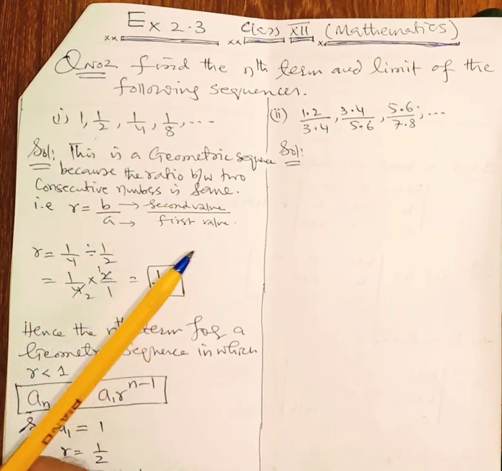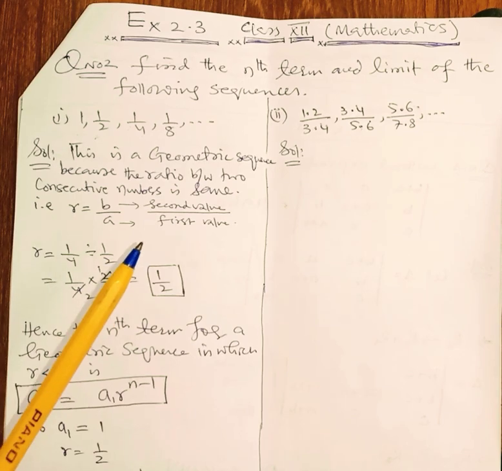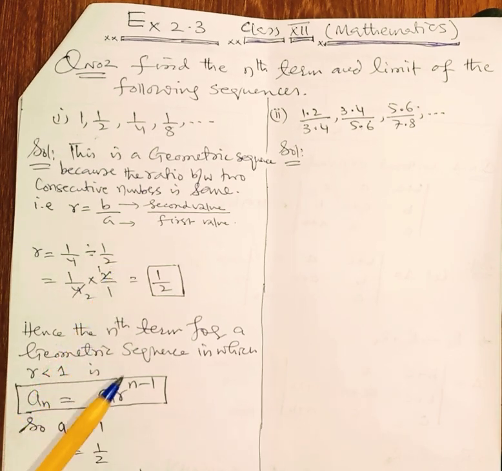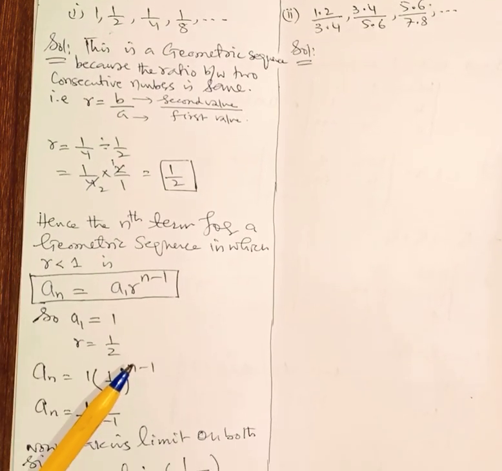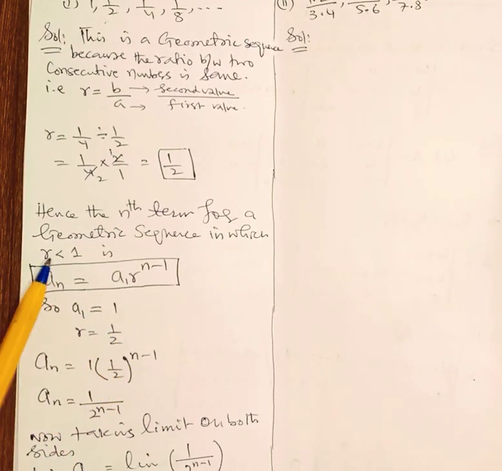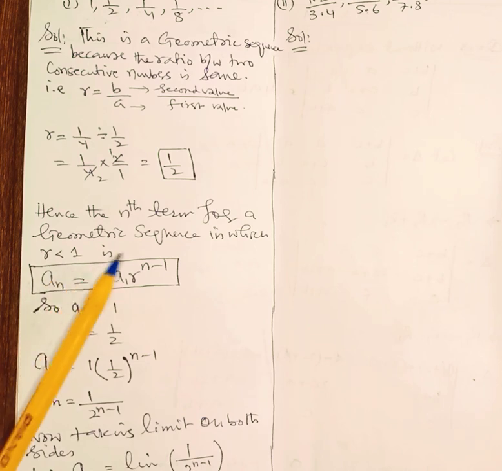Now that we know this is a geometric sequence, we can find the nth term, also called the general term, using the general formula for a geometric sequence.